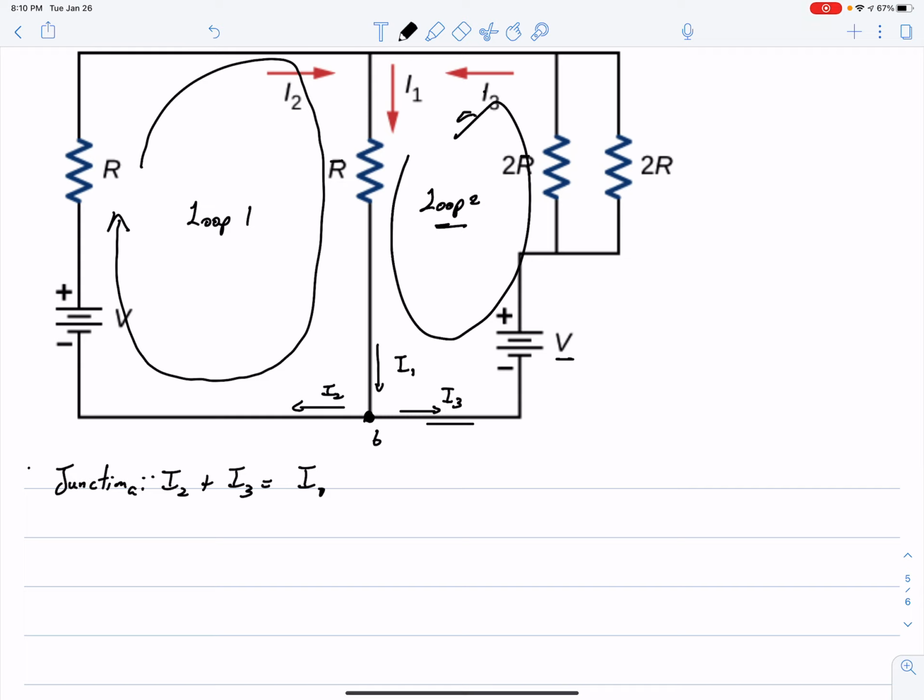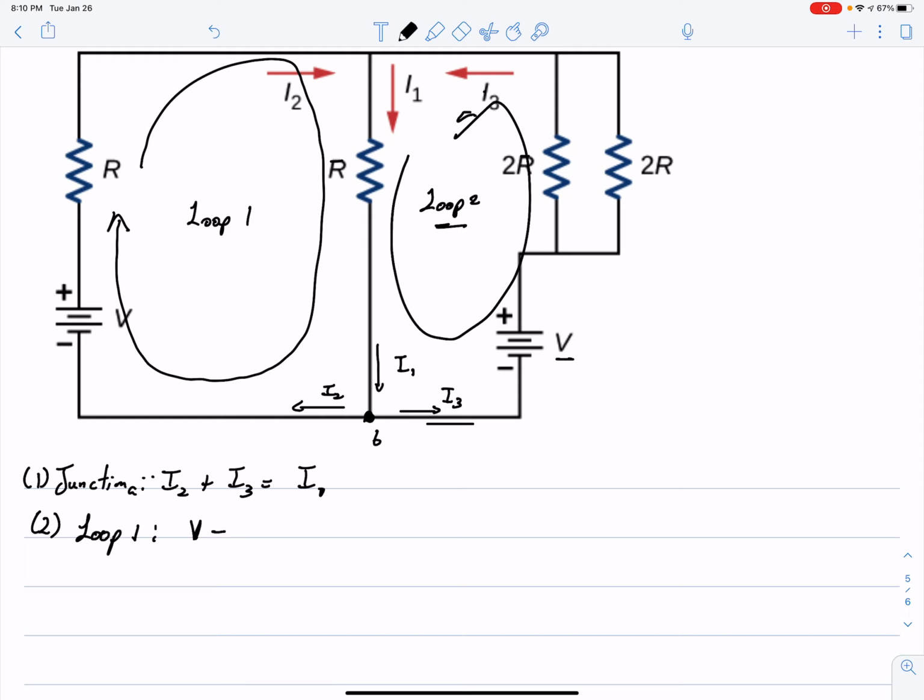So we already have equation 1. Now let's do equation 2, which is loop 1. And loop 1, if I follow the pattern, I start from V, the battery. It is positive, remember. Low to high for batteries, then high to low for resistors.